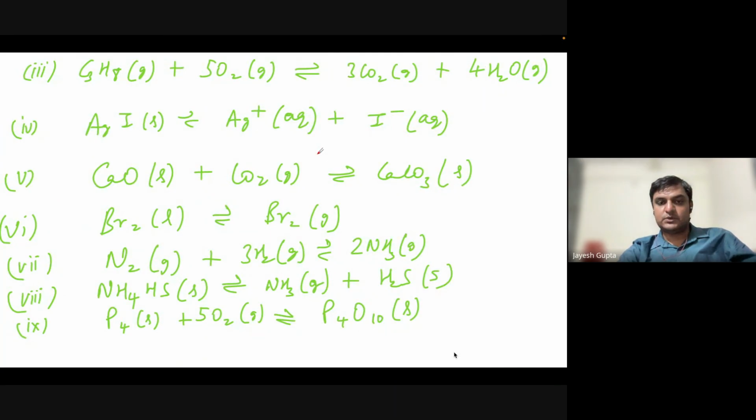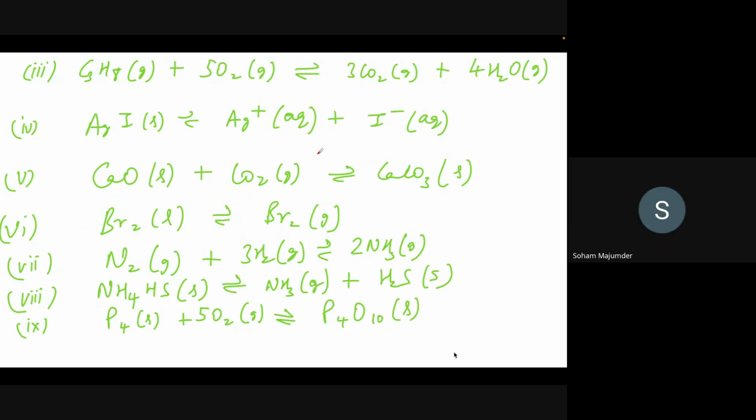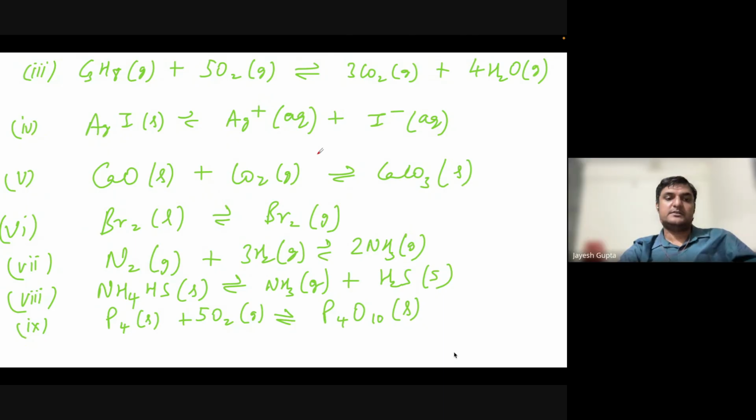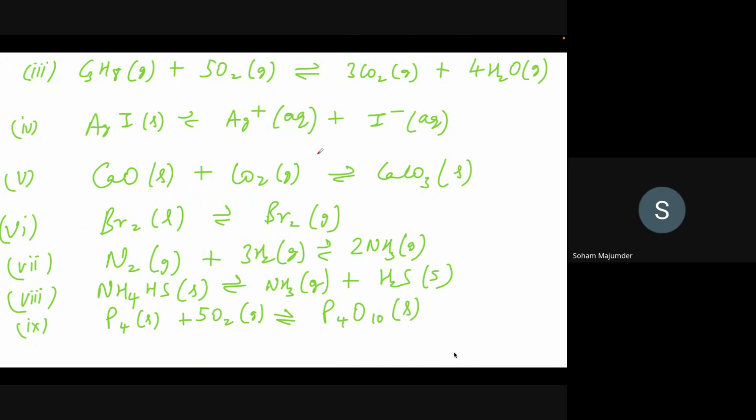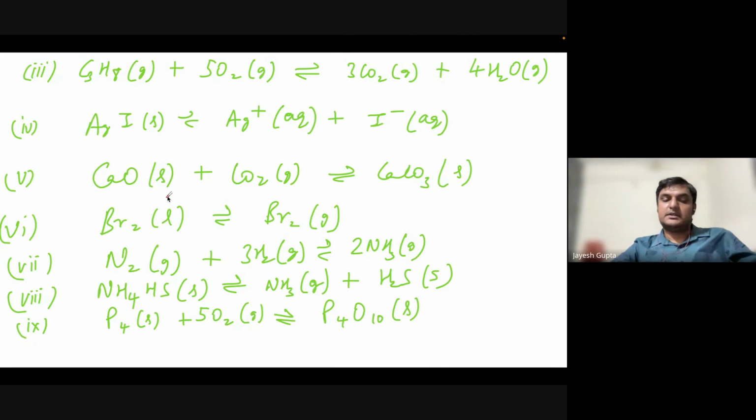Fifth one. Tell the fifth one. Sir, Kc is 1 by CO2. Kp is not defined. Just Kc. Okay. So there are two solids and one gas.